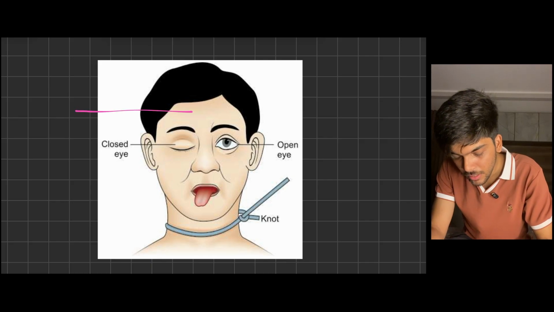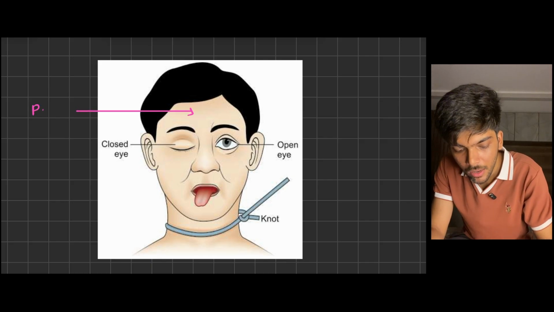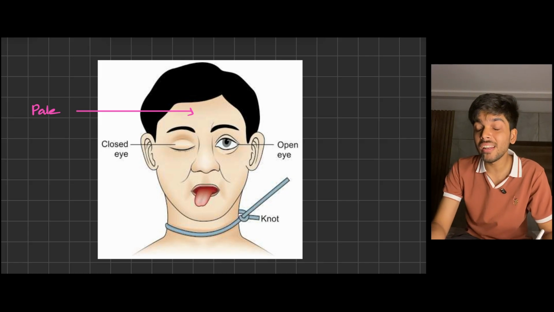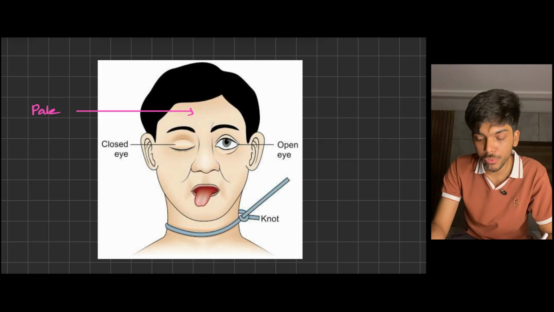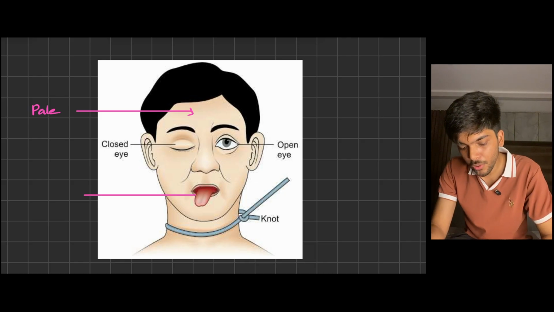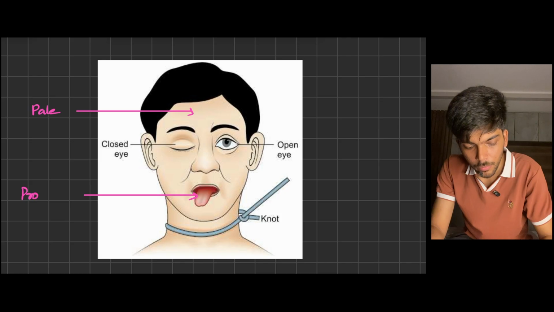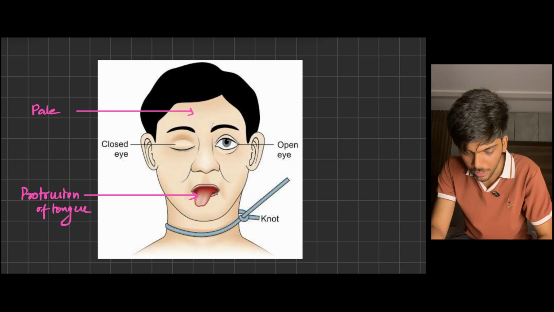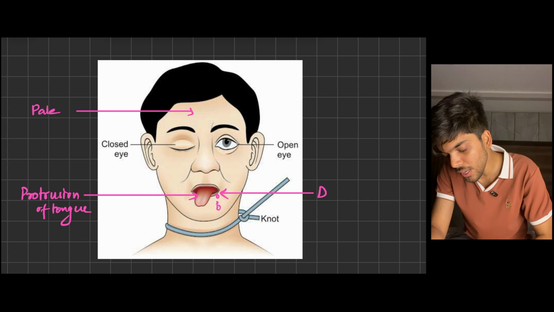You can see that the face is pale because the carotid arteries have been obstructed or compressed. Second, you can look at the protrusion of the tongue. Third, you can look at dribbling of saliva, the drooling of saliva.